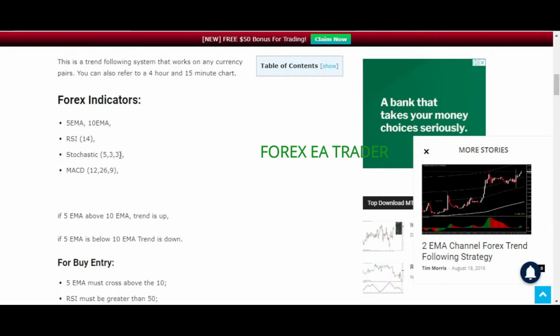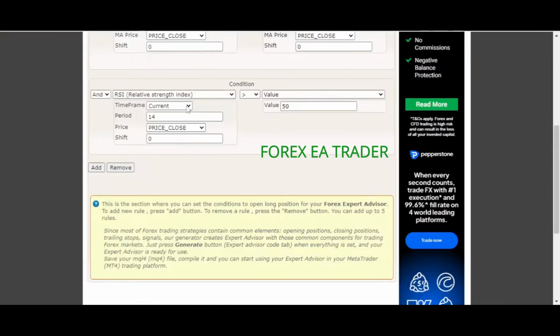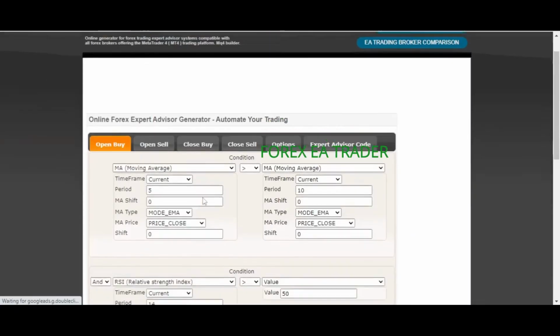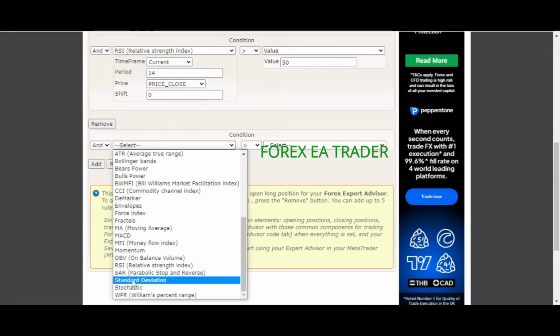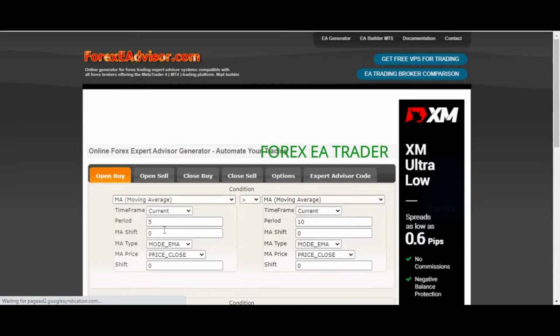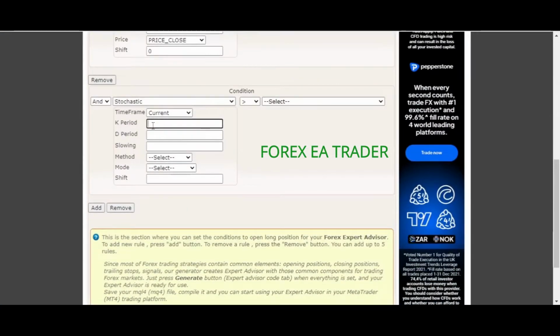So the stochastic is 5, 3, 3. We are going to add our stochastic here, and we are going to find our stochastic. There is the stochastic. It's going to be 5, 3, 3.